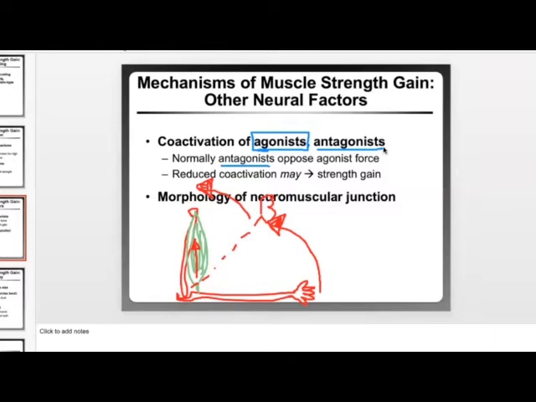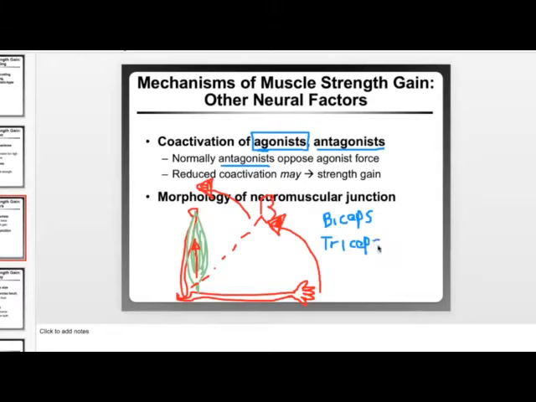Can you use a different phrase there? So if the agonist is working to help the movement happen, the antagonist would be doing the opposite and trying to stop the motion. So in this situation, I have my biceps muscle, and then the tricep would be the antagonist. Excellent. So your biceps is the gas pedal, and your triceps is the brake pedal.